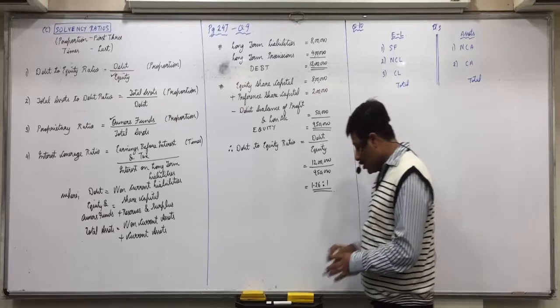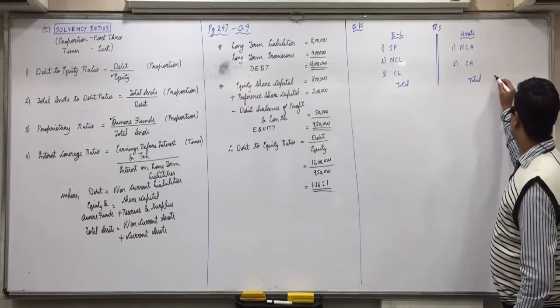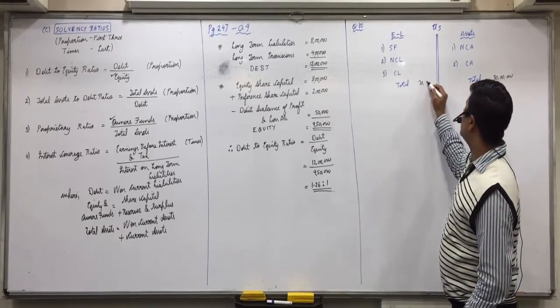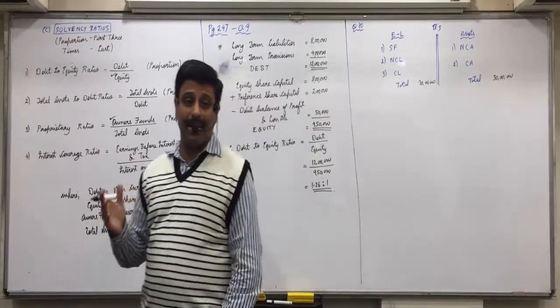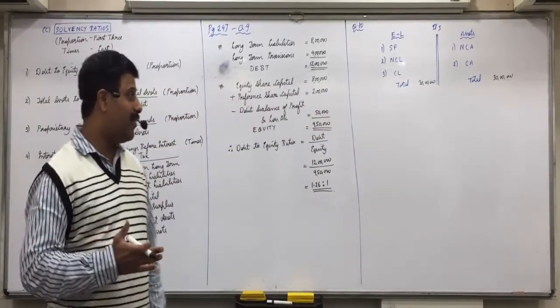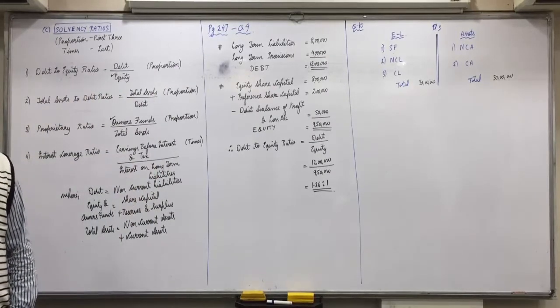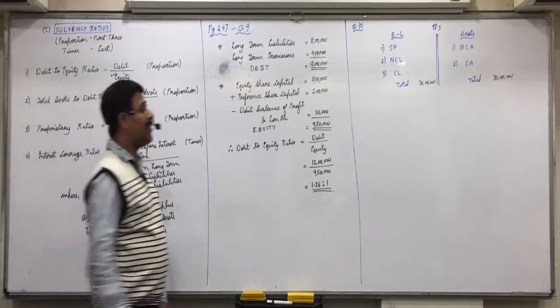Now, what are the total assets given to you? So, total of equity and liabilities would also be 30 lakhs. We assume company's balance sheet has got tallied.